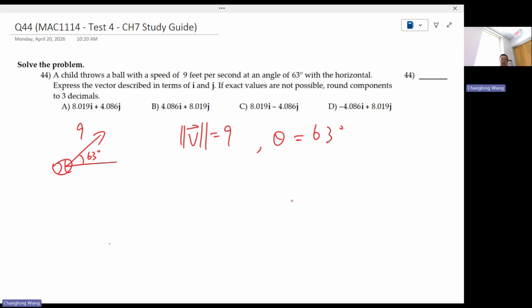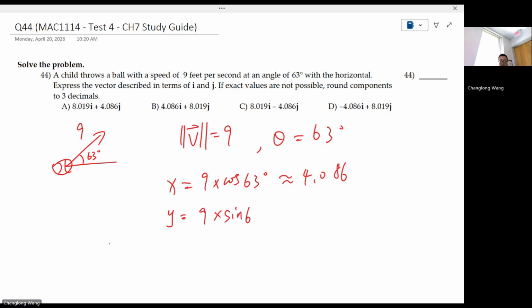You know how to get the components. x is 9 times cosine 63 degrees, and it turns out it's going to be about 4.086. If you do the y, it will be about 8.019.